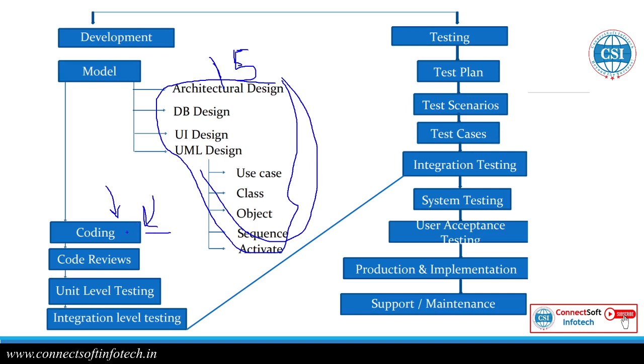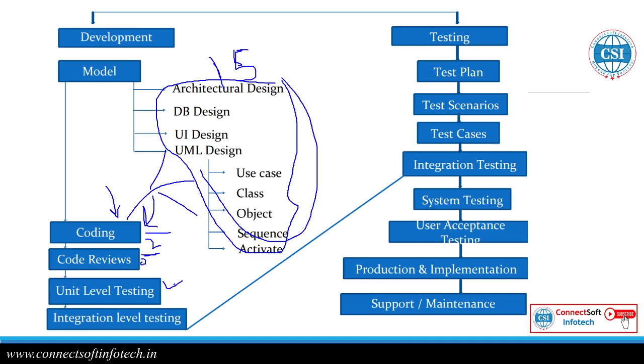They write the code according to the documentation; they see all this documentation and write the code. Then the senior members do the code reviews. Juniors write the code and seniors review it, and then unit level testing and integration level testing start. Unit level testing is a part of white box testing.